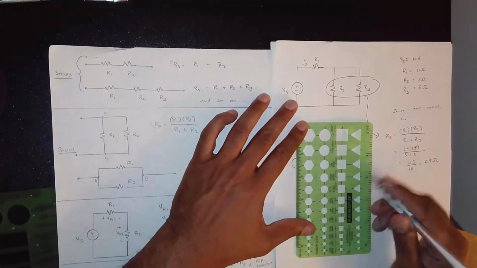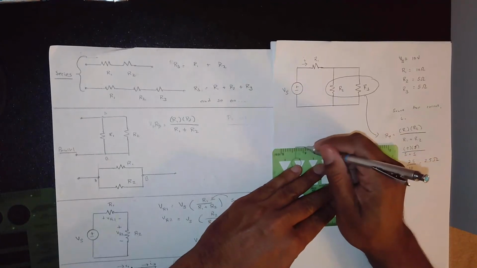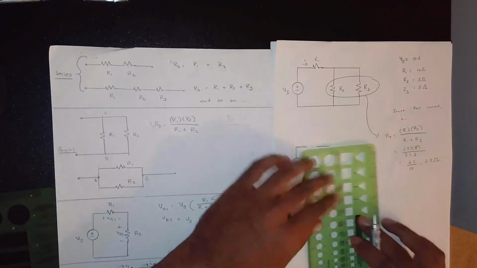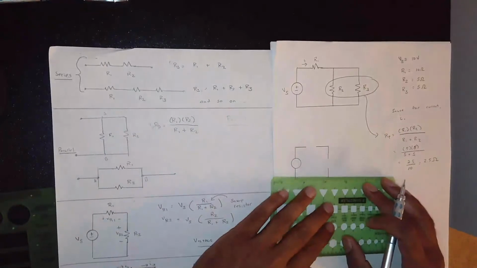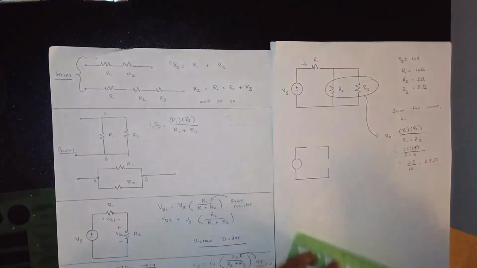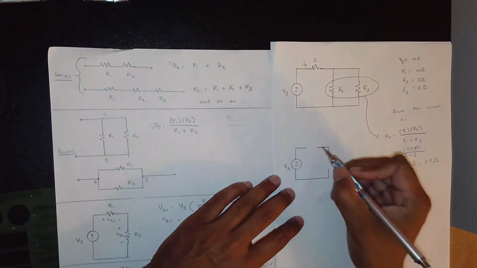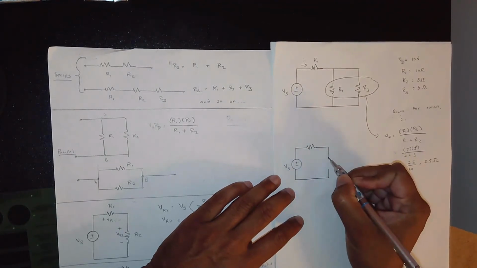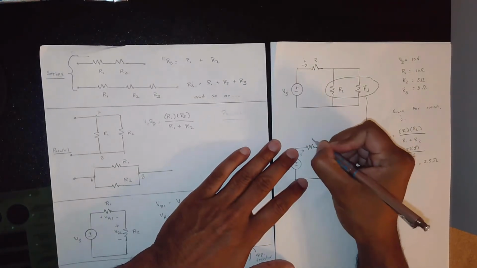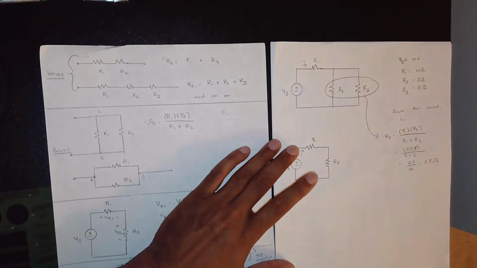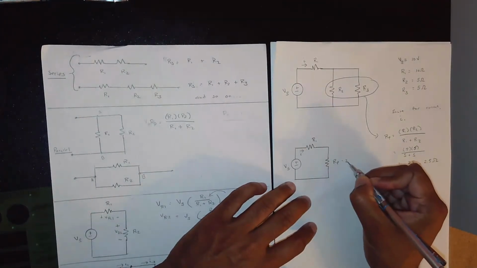Okay, so RP is 2.5 ohms, which is equal to 2.5.